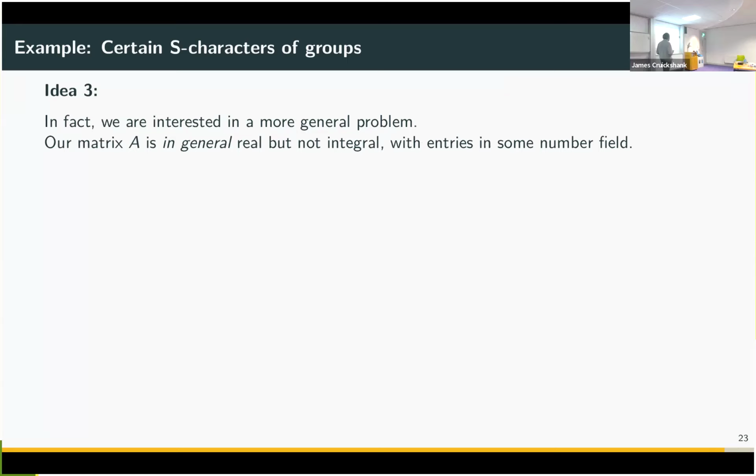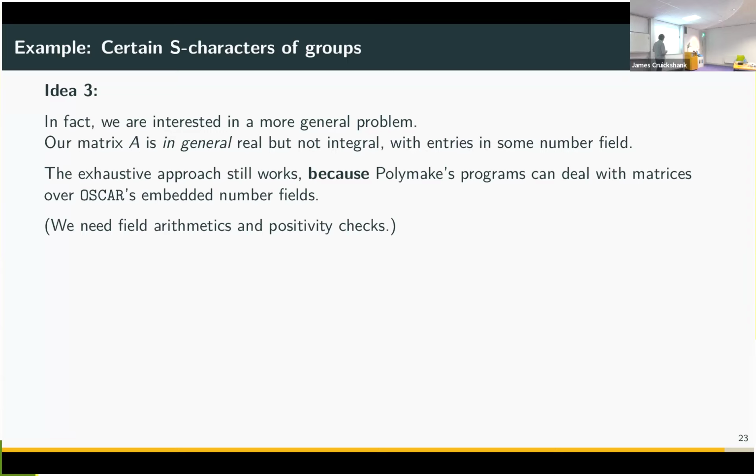In fact, this was not the whole story again. We are interested also in a more general problem, and there our matrix is not a matrix of integers, but has entries in some number fields. Again, we are combining group theory, number theory and polyhedral geometry, and all this works nicely together in OSCAR. So if we deal with a matrix over a number field, then this exhaustive approach, the first one, still works.